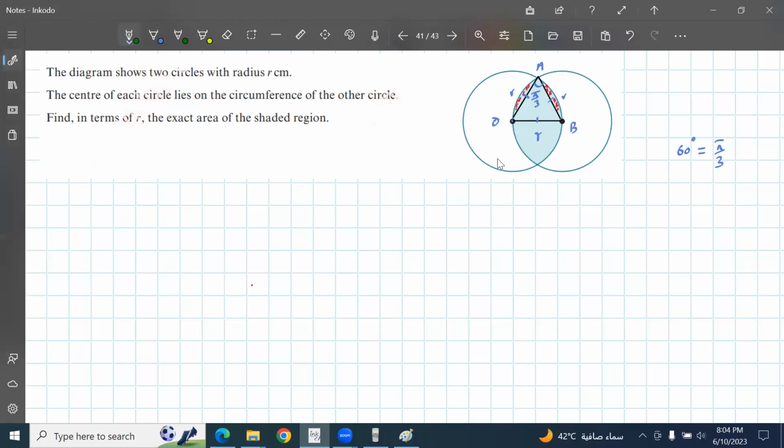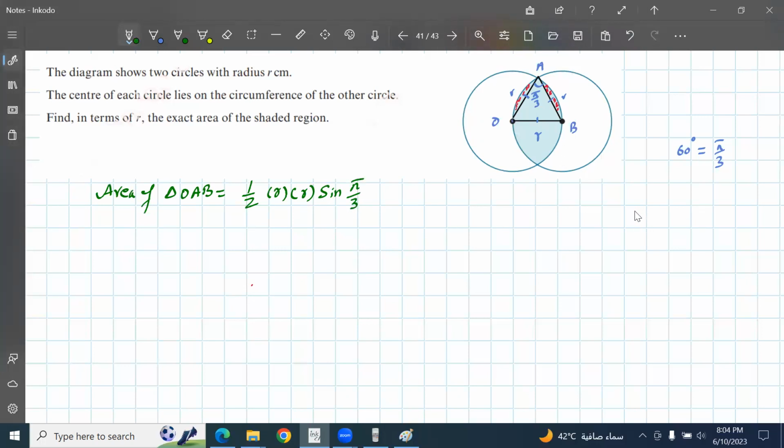First we will find the area of the equilateral triangle. Remember that this is not a right angle triangle, so I will use the concept of area of triangle OAB: 1 over 2, all sides are R, so I will take R times R, meaning OA and OB are equal to R, and the angle sine pi over 3.